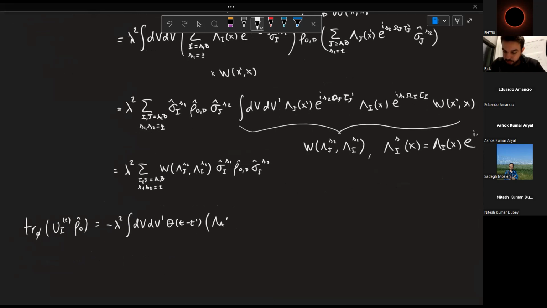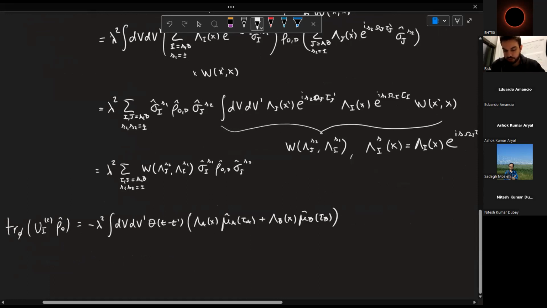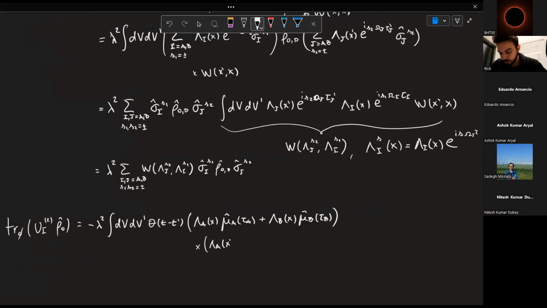This is lambda_A of x mu_A of tau_A plus lambda_B of x mu_B of tau_B. And now you multiply this by the interaction Hamiltonian before, multiplying by the density operator of the qubits. This is basically the only difference. Plus lambda_B of x prime mu_B of tau_B prime.